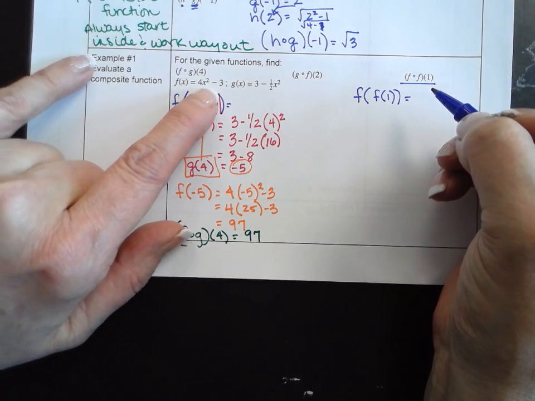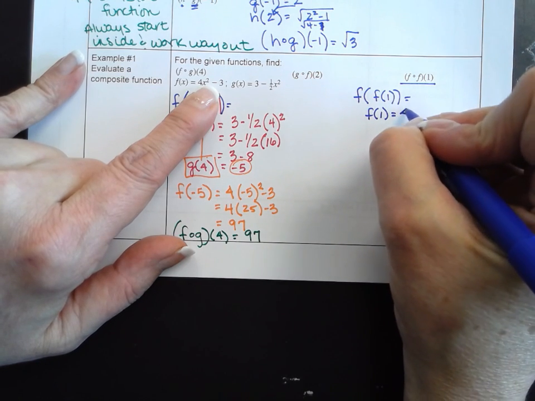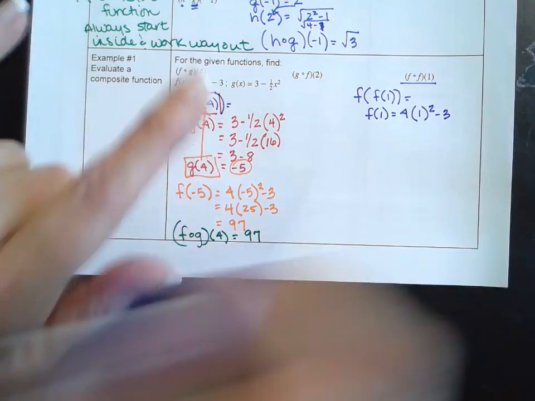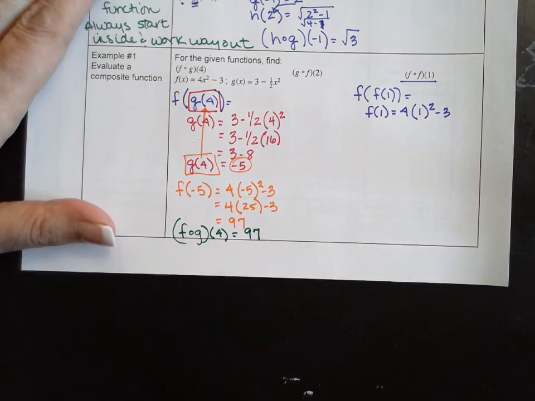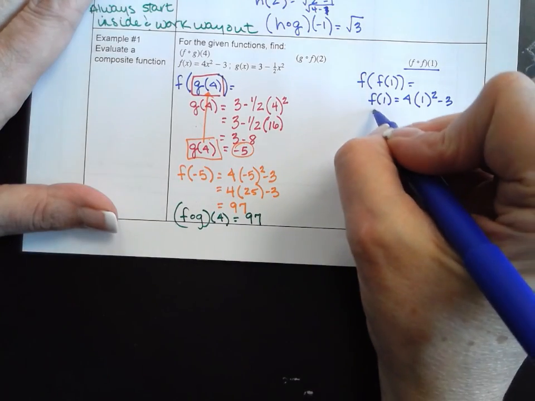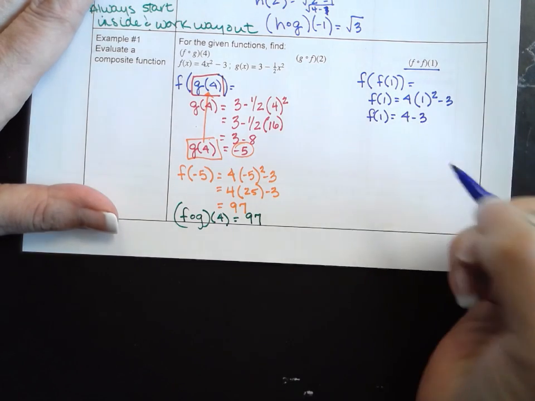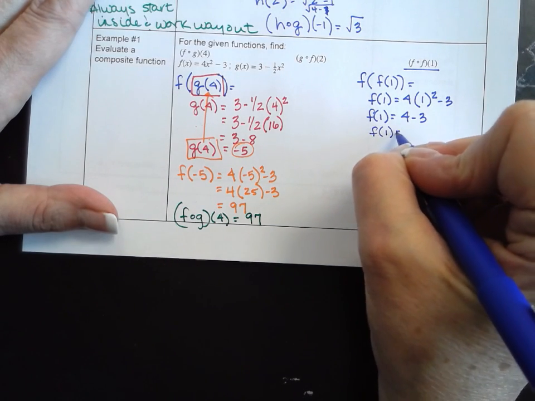So my f of 1 is going to be 4 times 1 squared minus 3. Good? All right, so that's going to give me 4 minus 3. And so the f of 1 is going to give me 1.